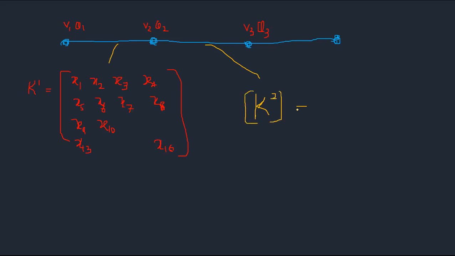So this is the value of the stiffness matrix. Okay, I will call this y1, y2, y3, y4, and the final value is y16. Okay, so this is related to... I need to write this somewhere here.